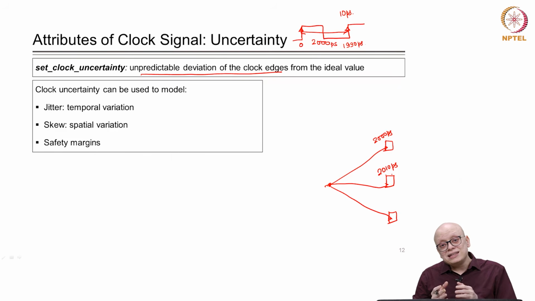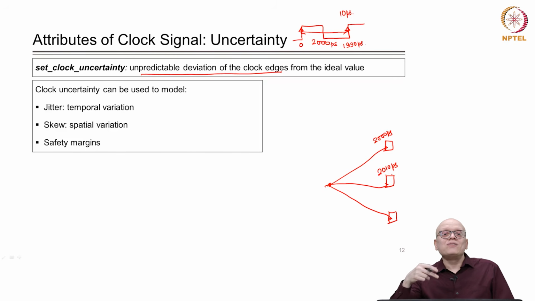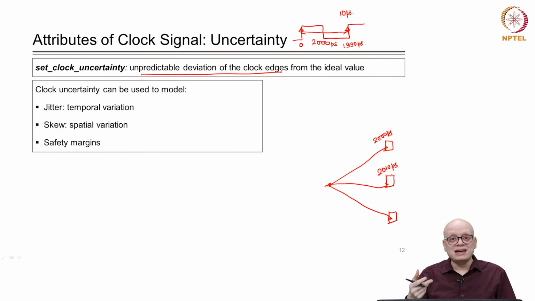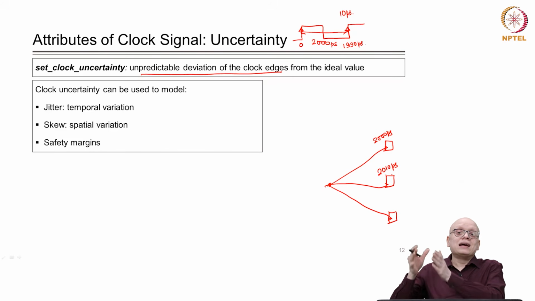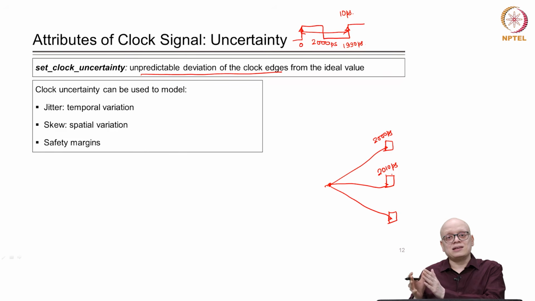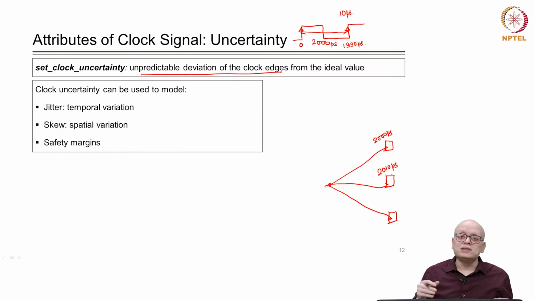So, in that case what we can do is specify some uncertainty in the clock period, so that timing analysis becomes artificially more pessimistic than it is with this 0 wire delay, and therefore, the tool can do more timing related optimization in our design, and in the later stages whenever the wire delay comes in our circuit, when we do the physical design, then the timing constraint is automatically met. So, these are three major reasons why we want to add uncertainty in our design.